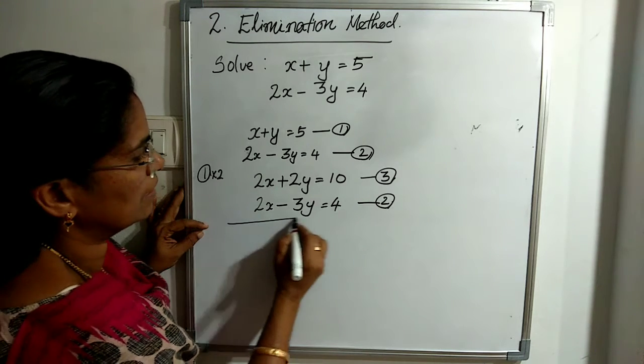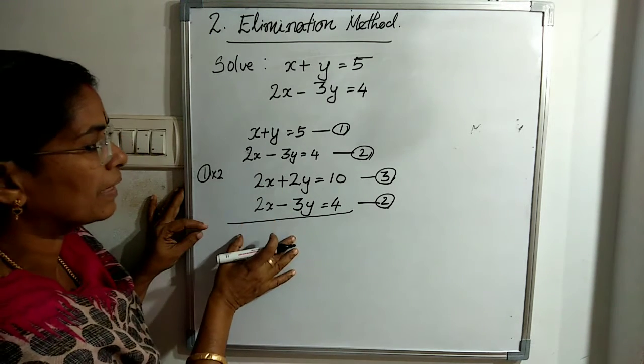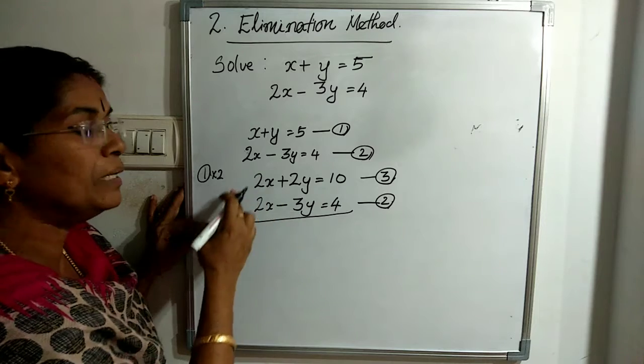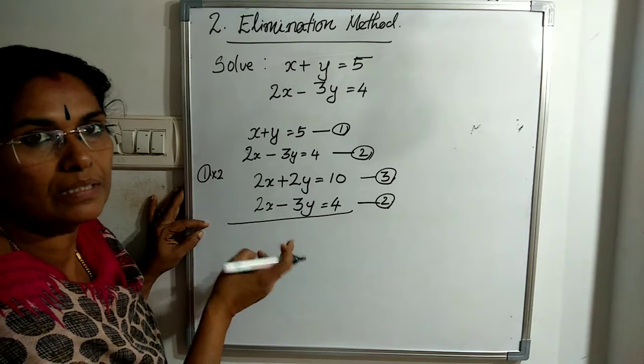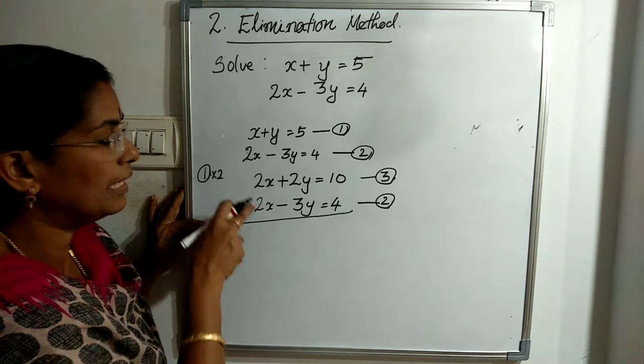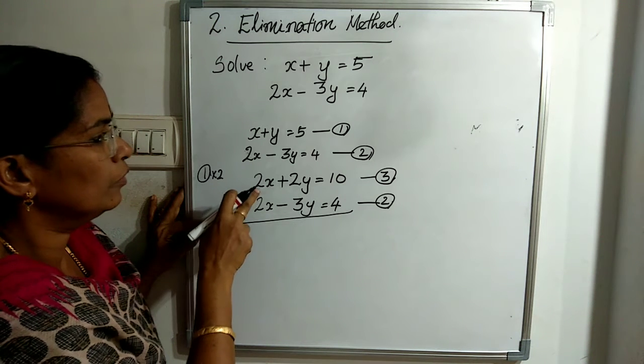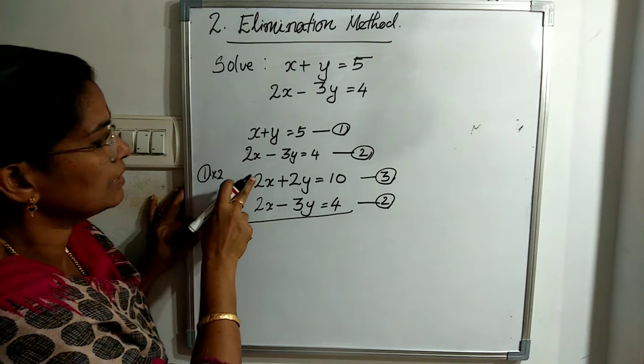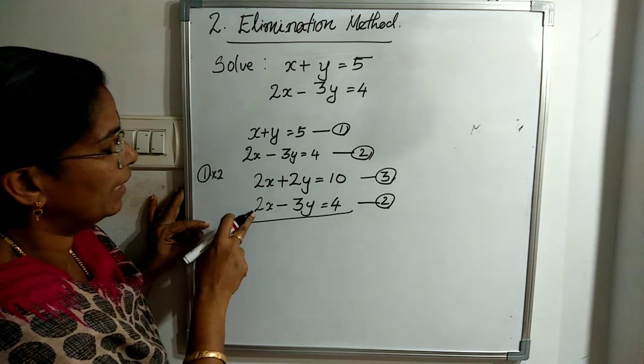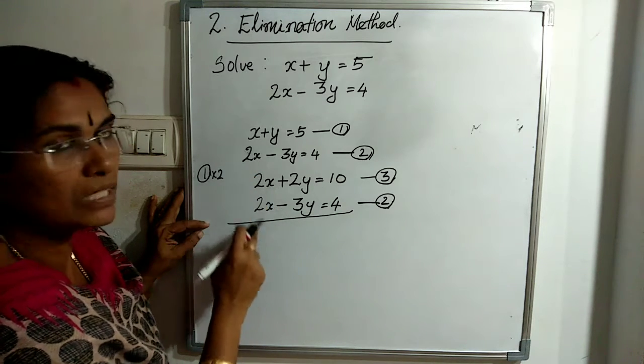Now the next step is, you have to subtract or add to eliminate one variable. Look here, equations 3 and 2. If you subtract equation 2 from equation 3, this part will be 0.